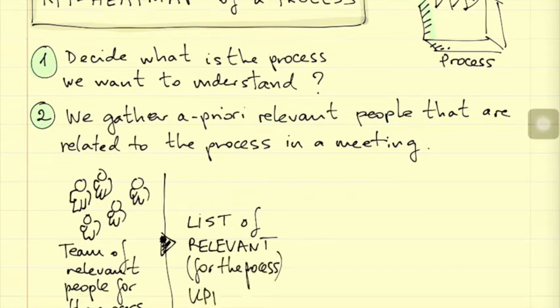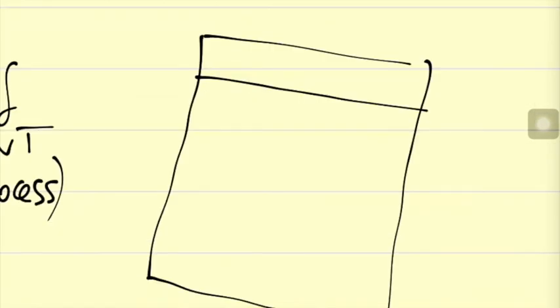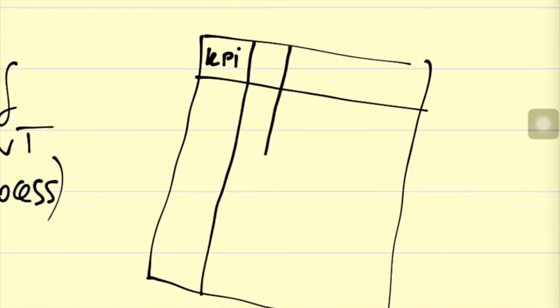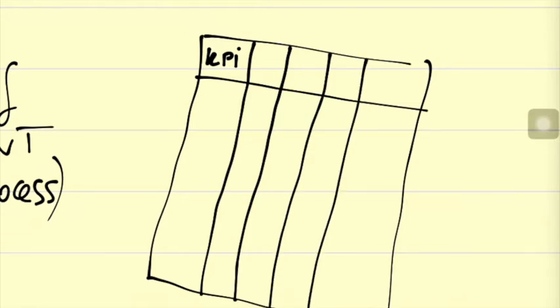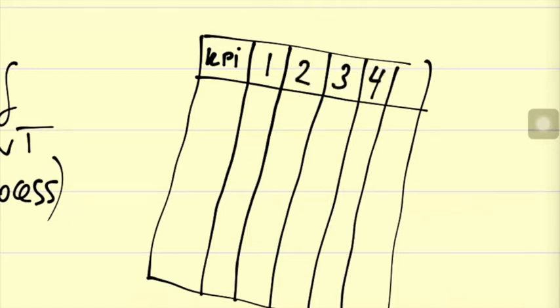Okay, so basically we create a list in this workshop, in this meeting. This list has some relevant information. Okay, so it's a list with 5 columns. One, two, three, 4, and 5.